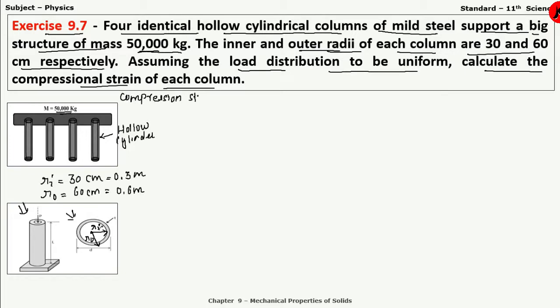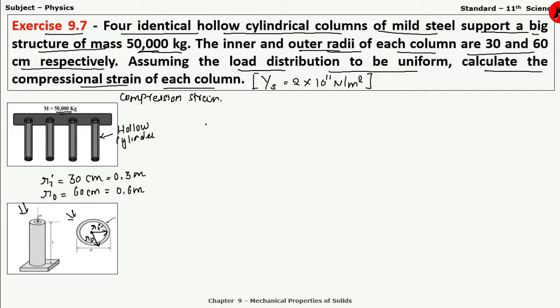One more thing is given: Young modulus of this mild steel, which is 2 into 10 raised to 11 Newton per meter square. So with all this data available, we can very easily calculate the compression strain.